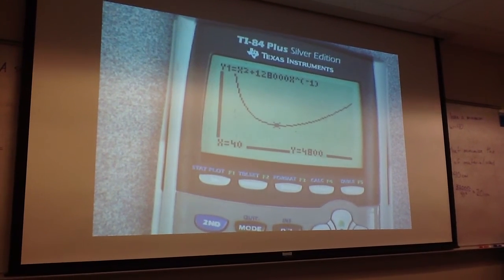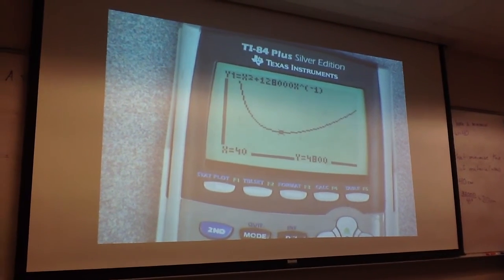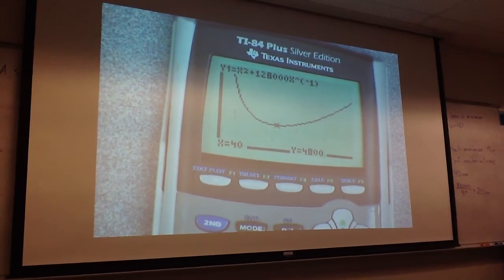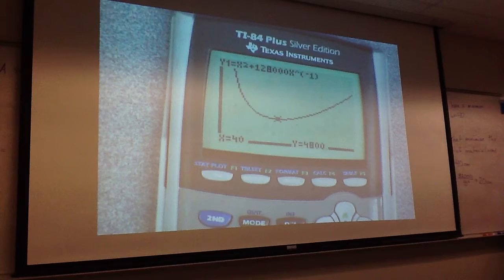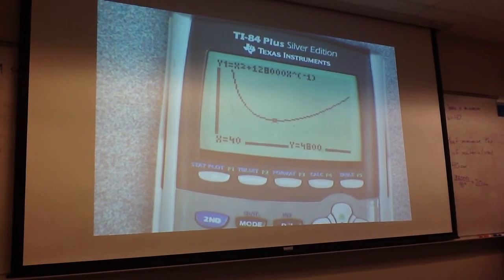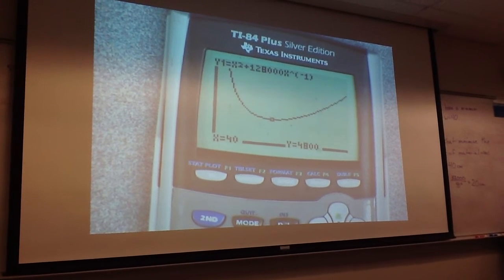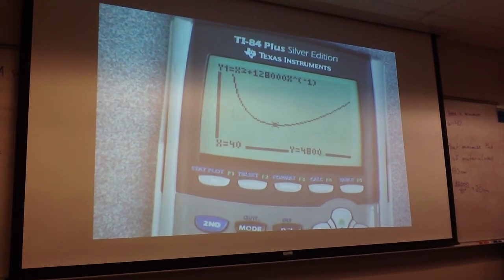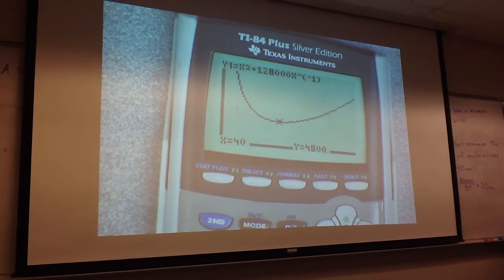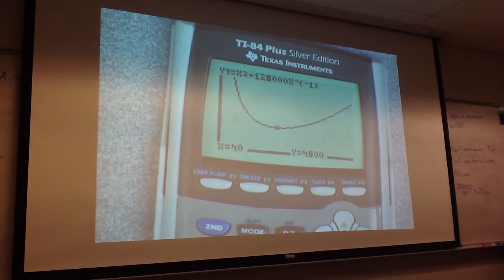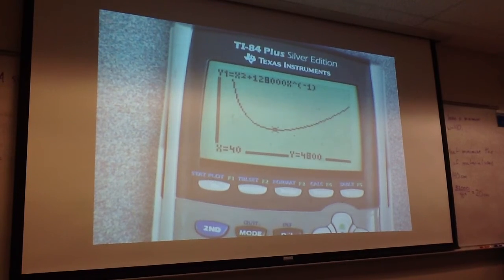Now, I tried graphing it as 128,000 over W, and I get something completely different. I have a horizontal asymptote, and 40 is not even on there. X squared plus 128,000 over x. That's really strange.